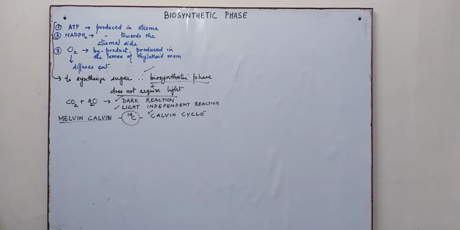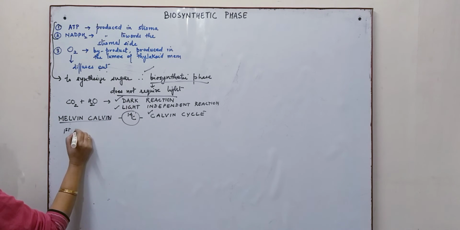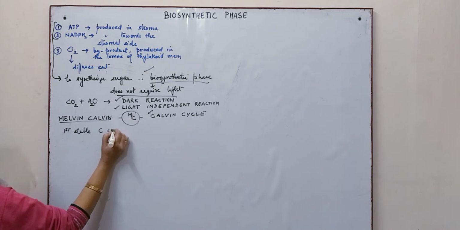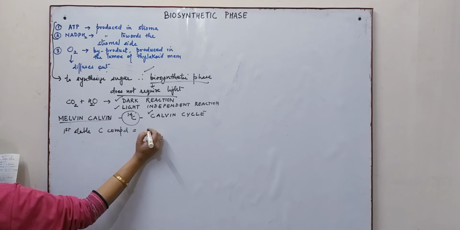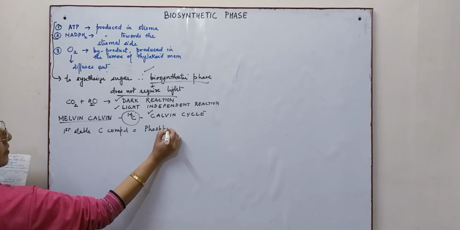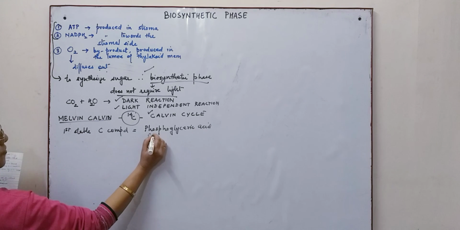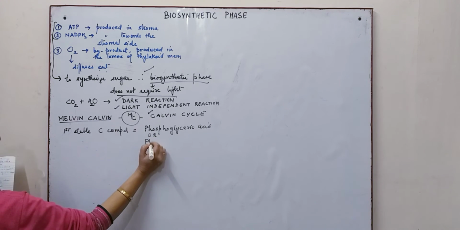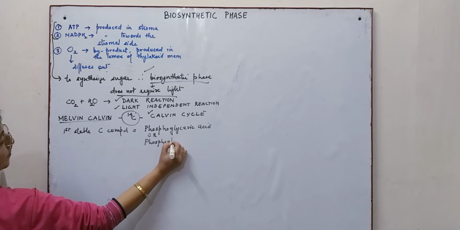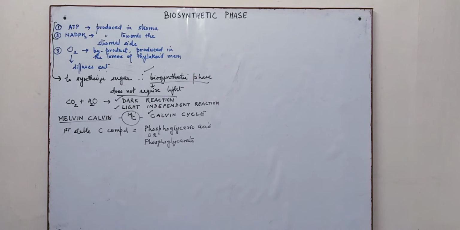Now the pathway was completely traced, and initially it was found that the first stable carbon compound formed during the cycle was a three carbon atom compound called phosphoglyceric acid, or phosphoglycerate.